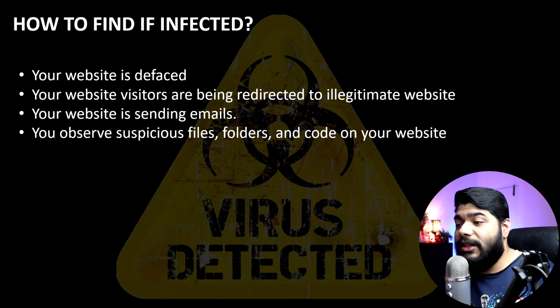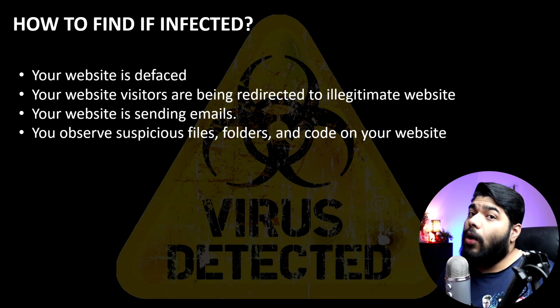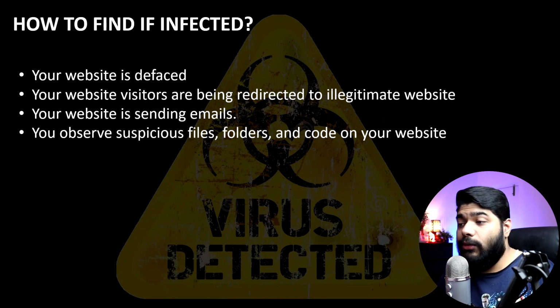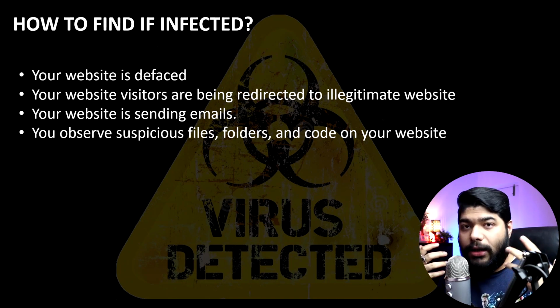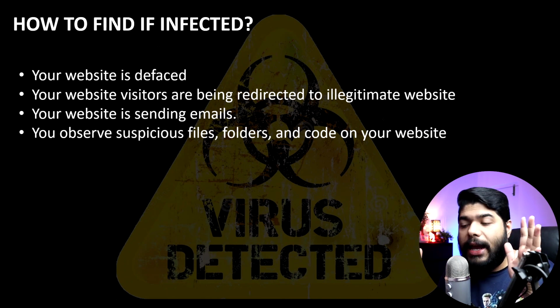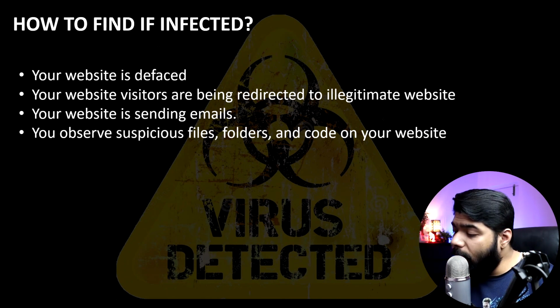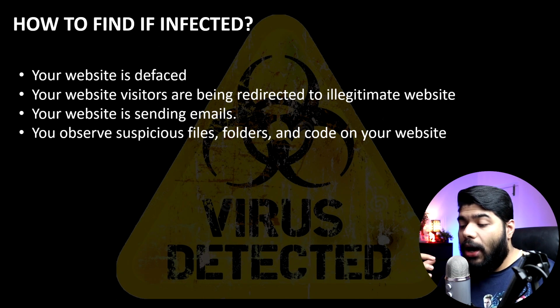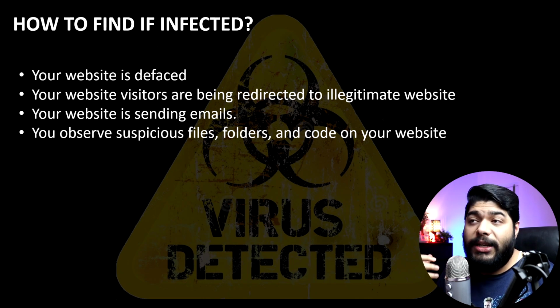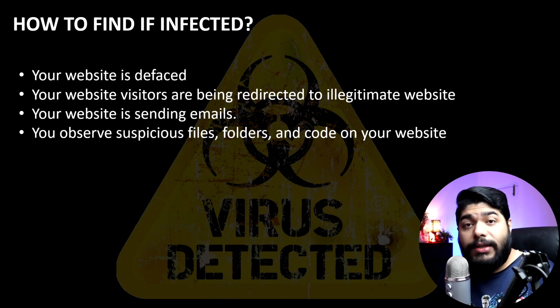Next thing, you observe suspicious folders, suspicious files, or even suspicious code on your website. We will see in a second what exactly the code means, but for this time just understand that if you find some kind of anomaly, a file that has been created inside your server, you might think something went wrong.